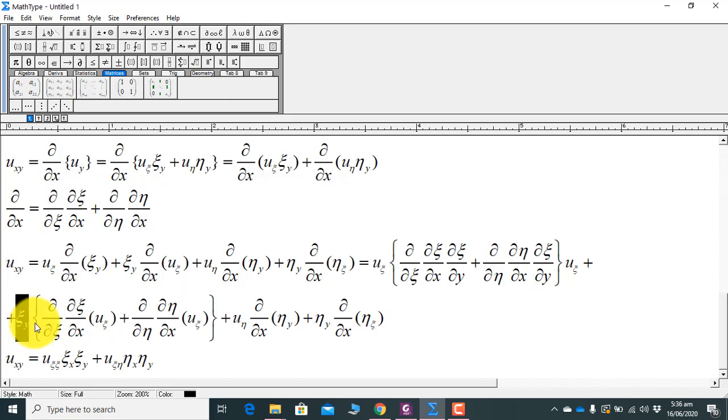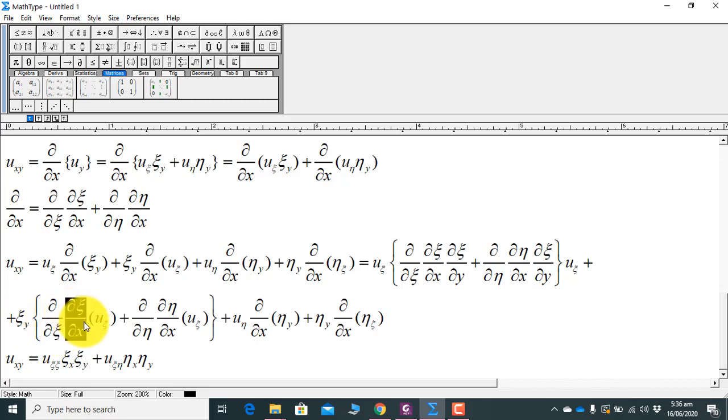You know that now. This is xi y, so the answer should be partial over partial xi, and partial xi over partial x is xi x xi y, and this will be u xi xi.